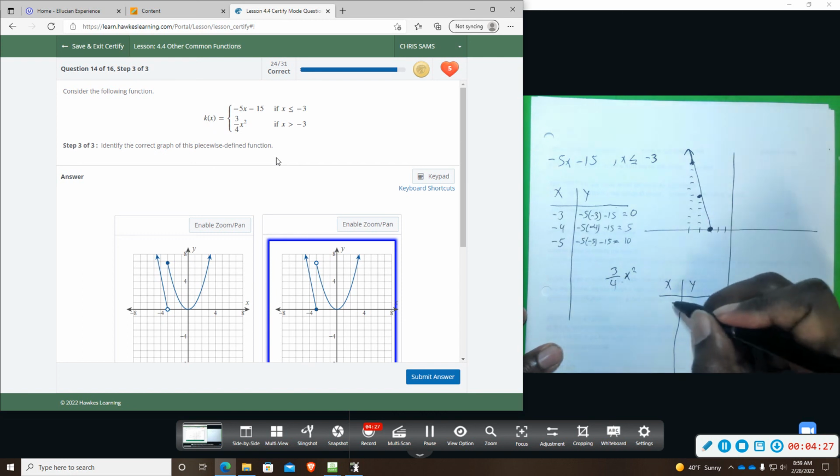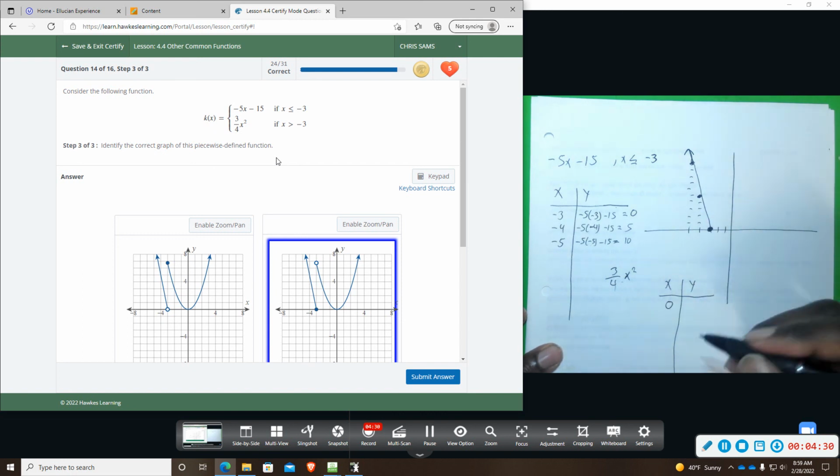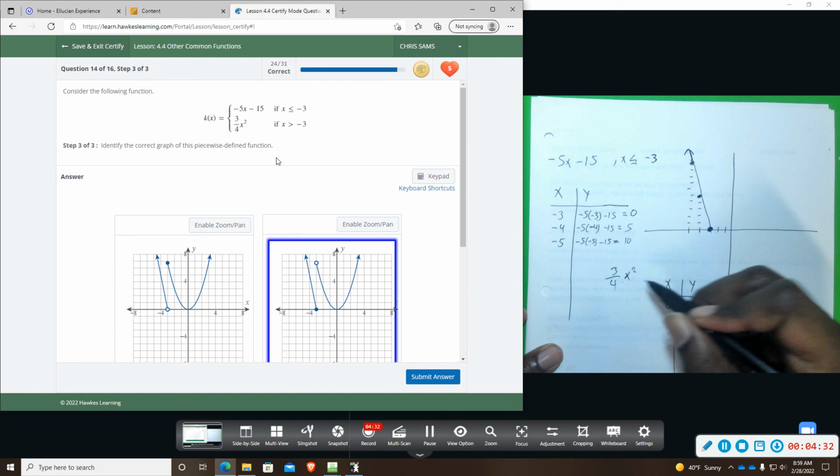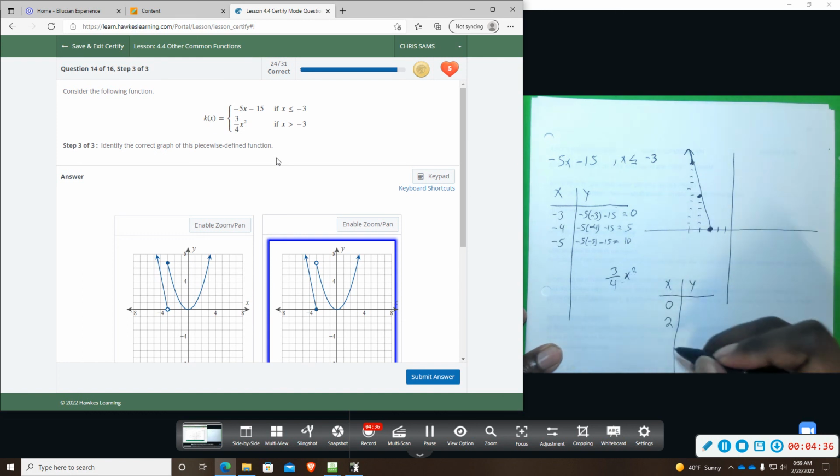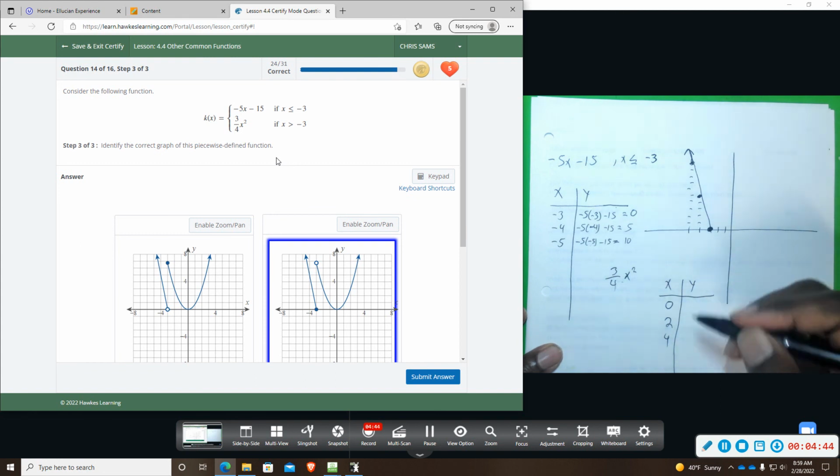So I'm going to do 0 first. 0 will be easy to plug in. If I do 2, when you do 2 squared, that gives you 4, and you can divide 4 by 4. I'm going to do even numbers. It's going to help me out here. So if I plugged in a 0, 3 over 4 times 0 squared, 0 times anything is 0.